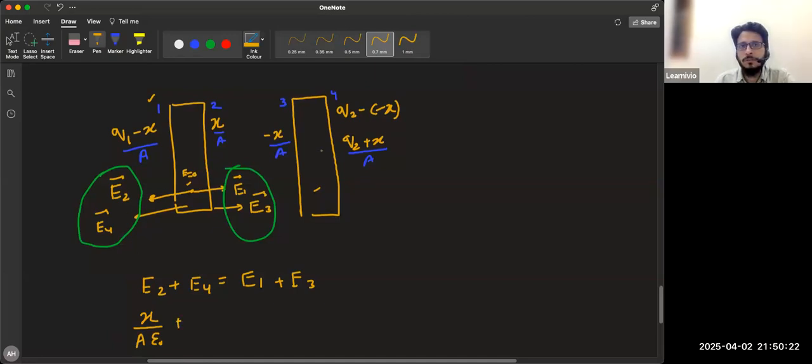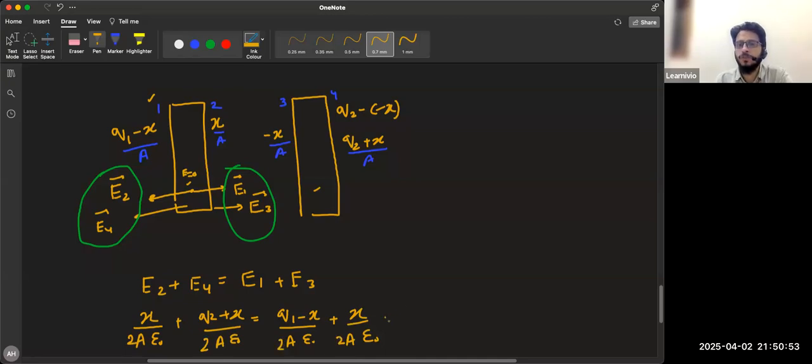E4 is (q2 plus x) by 2 epsilon naught. E1 is (q1 minus x) by 2 epsilon naught. E3 is x by 2 epsilon naught. Sorry, it's not sigma by epsilon naught, it's sigma by 2 epsilon naught, so I should write 2 here.